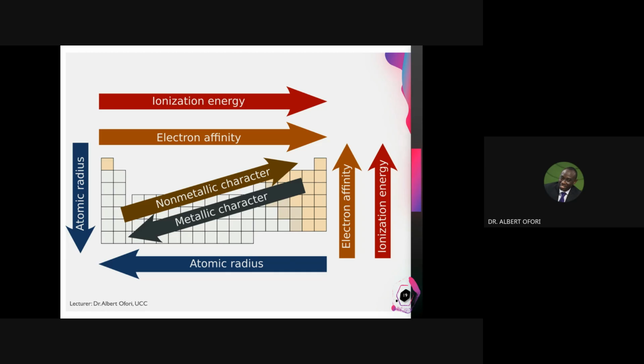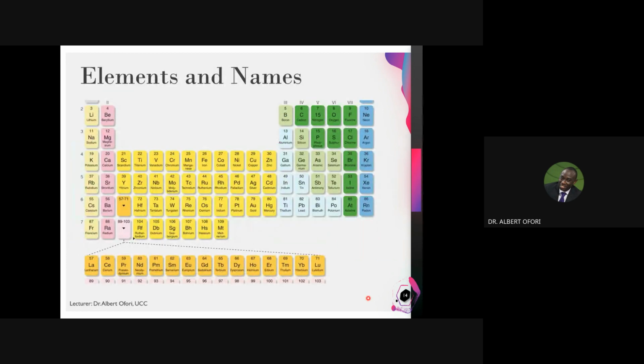Now look at it. As we move from left to right, we're going to see that. Let me use a proper periodic table so we can clearly see. As I move from left to right, the number of electrons is going to be increasing, but the shells remain the same.